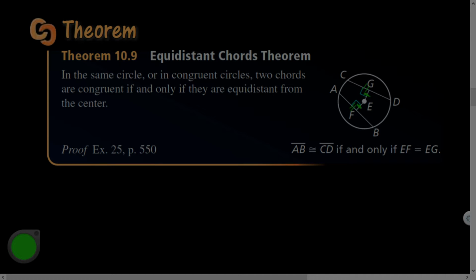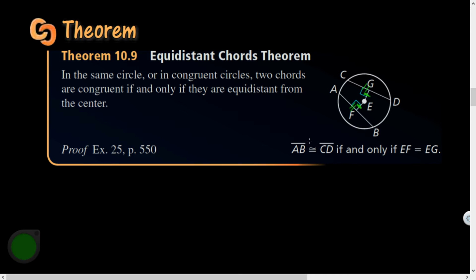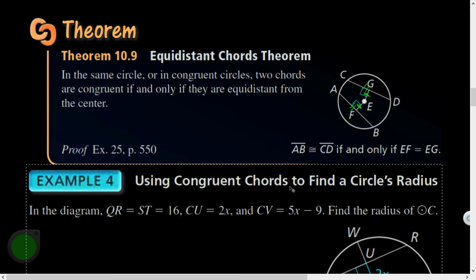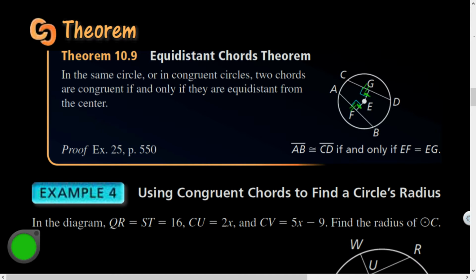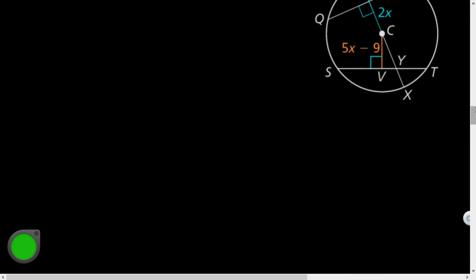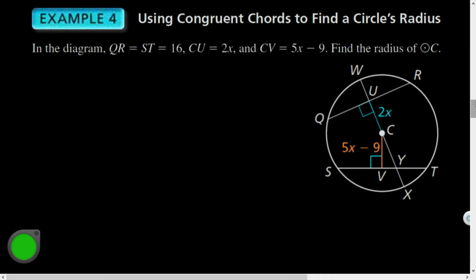Okay, so let's put this to use in example 4. So in the diagram, QR is equal to ST is equal to 16. Right?